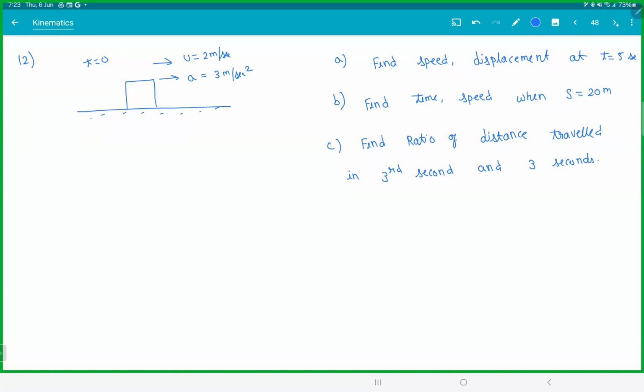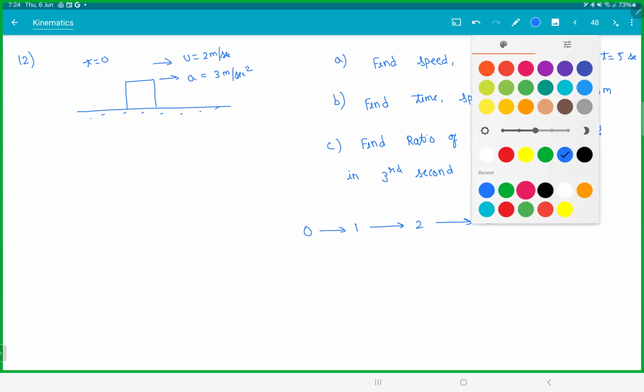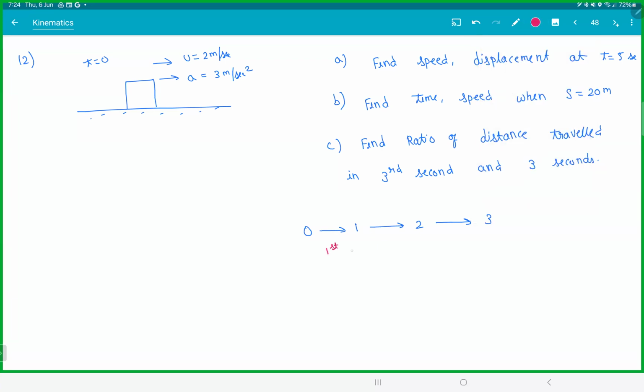When you say third second, now see like this. If you're going from 0 to 1, 1 to 2, 2 to 3, so 0 to 1 is called first second. 1 to 2 is called second second. 2 to 3 is called third second. So when someone says third second, what they mean is you're talking from t is equal to 2 to t is equal to 3.